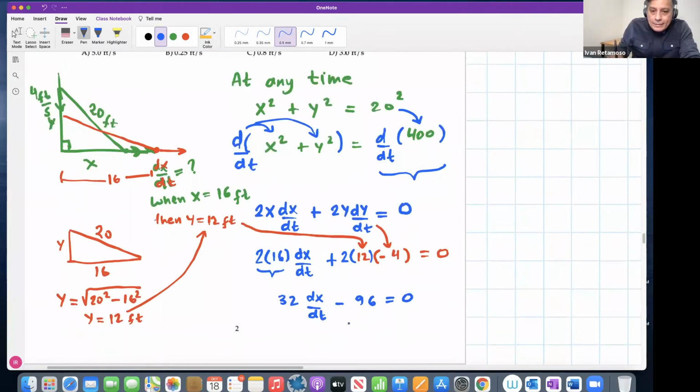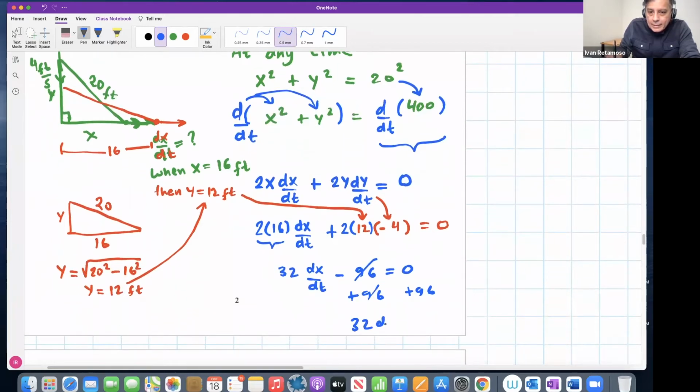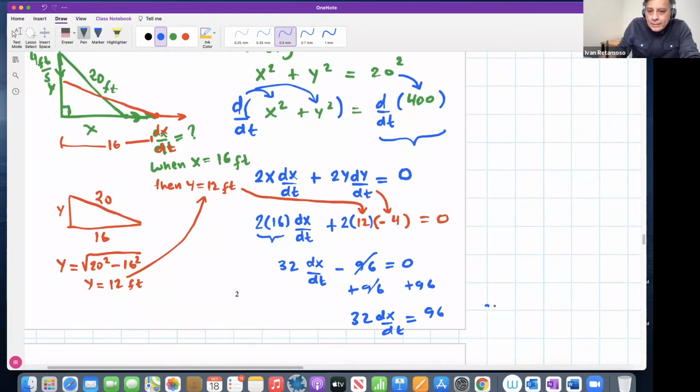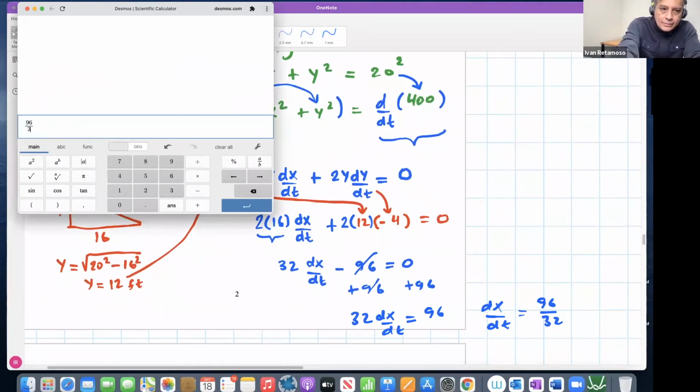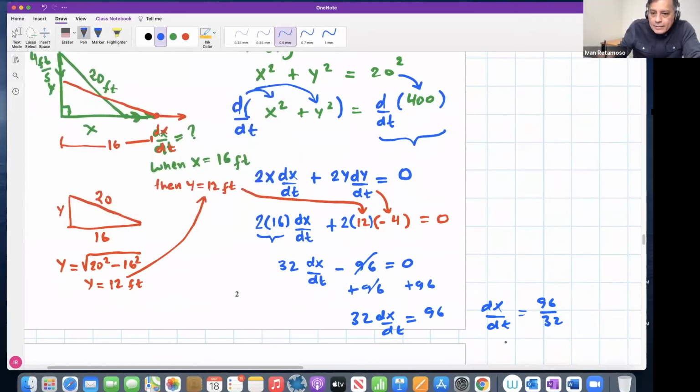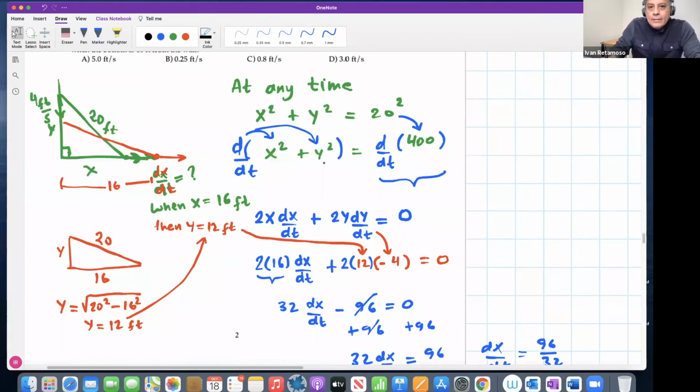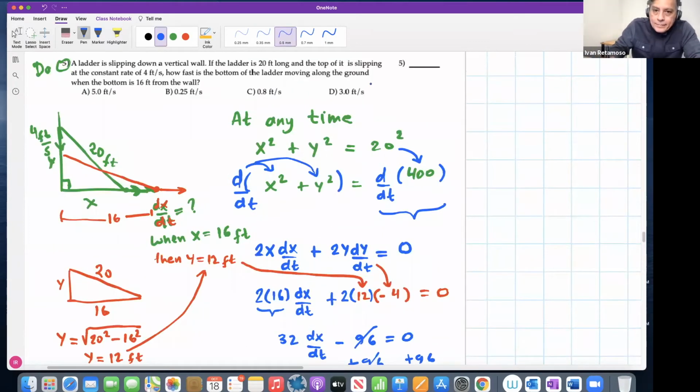Then add 96 or transpose it to the other side, any way you want to solve this equation. 32 dx/dt equals 96. Finally dx/dt is 96 over 32, and in your calculator it's just 3. So this is 3 feet per second, and it came out positive, consistent with the fact that x grows over time. So you choose this one. Very good, excellent. Feet per second.